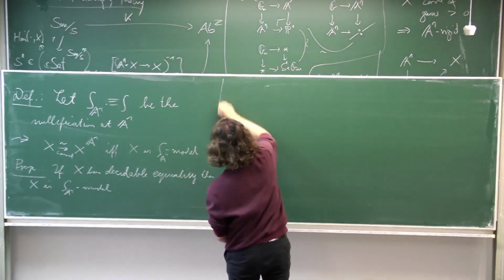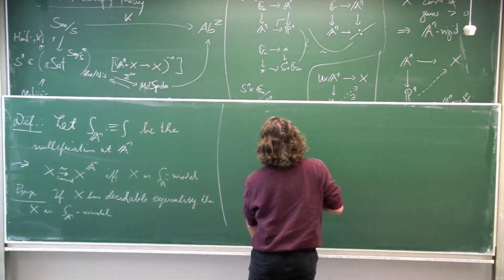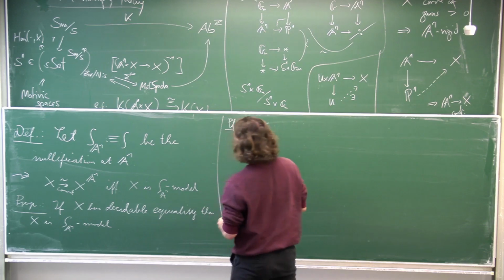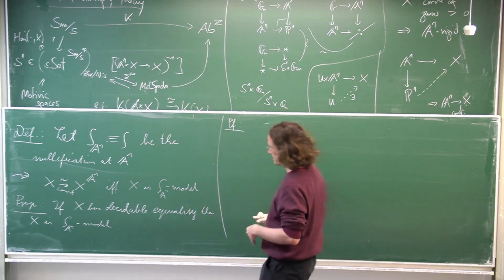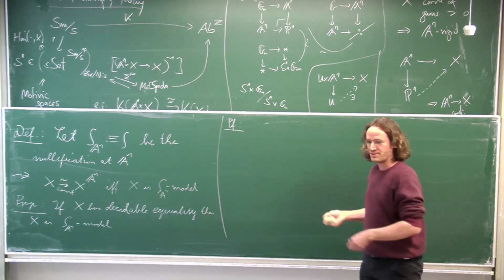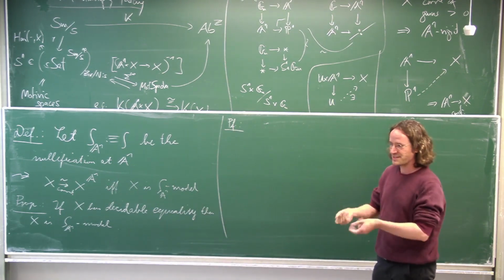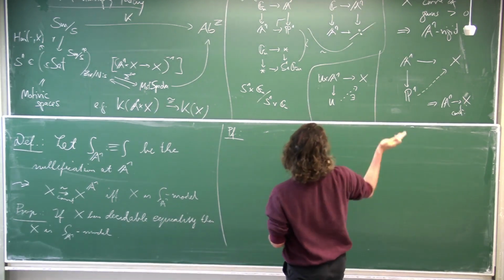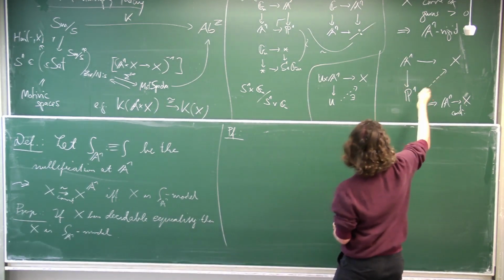And so for the proof, we kind of use this intuition. We take some map from A1 and try to see that it's constant, which we also have seen starting here.